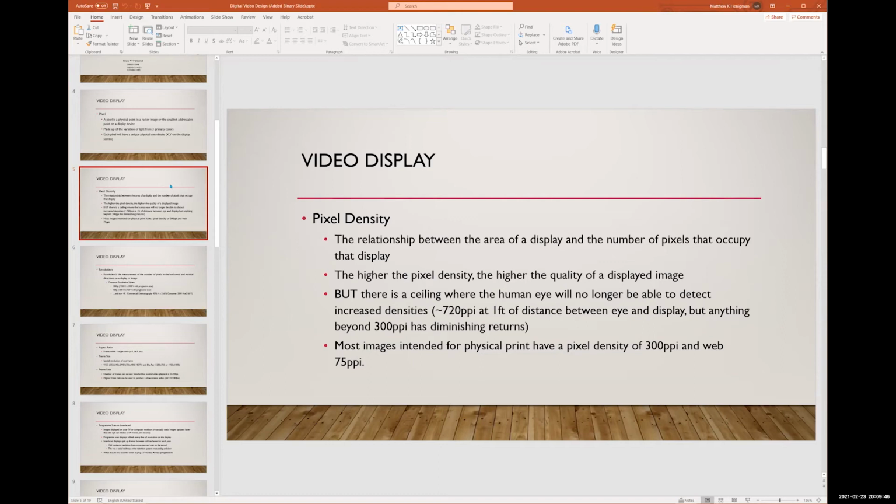But anything beyond 300 PPI has very quickly diminishing returns, meaning that having that increased density does not have a linear relationship in how the quality will be perceived by your eye, right? So it'll taper off.